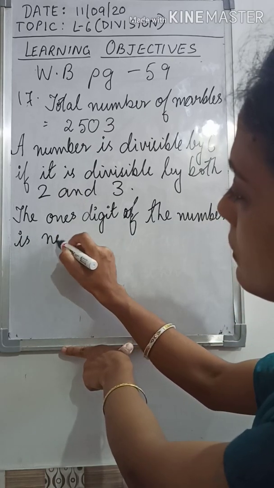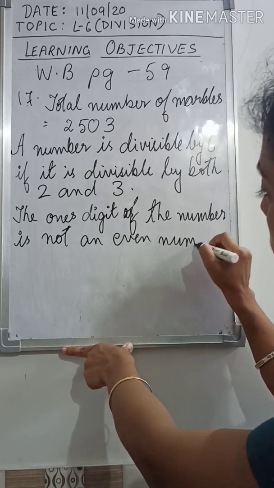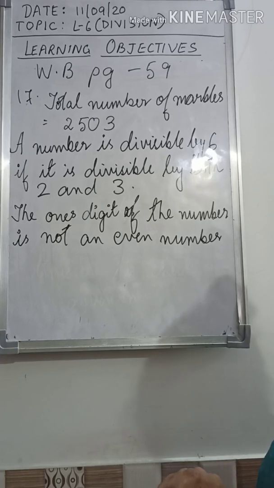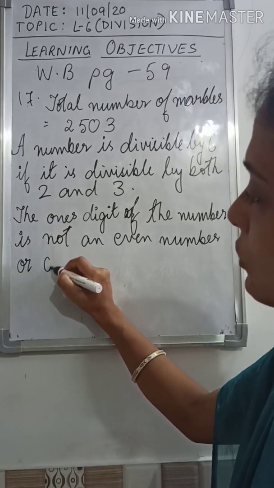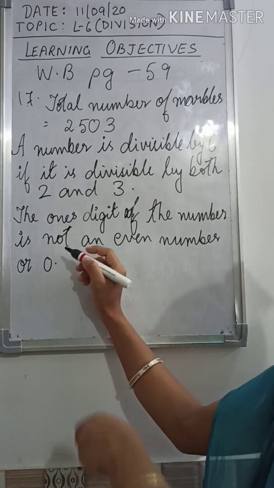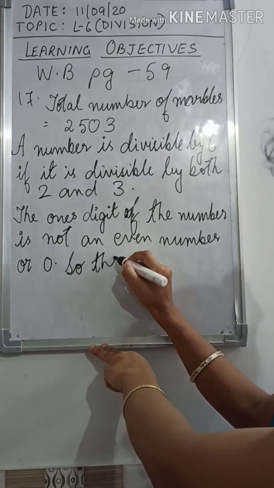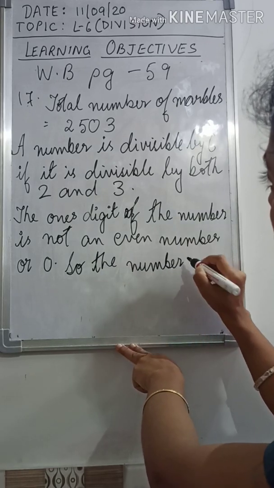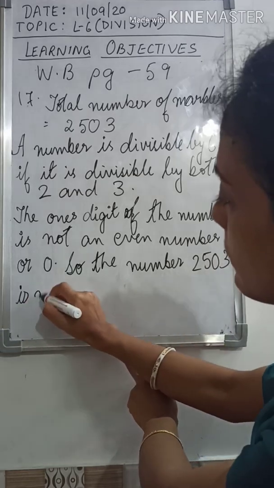Note it down, everybody. So the number is not divisible by 2. There is not a 0 also in the end, nor an even number. What is our number? 2503. It's not divisible by 2.